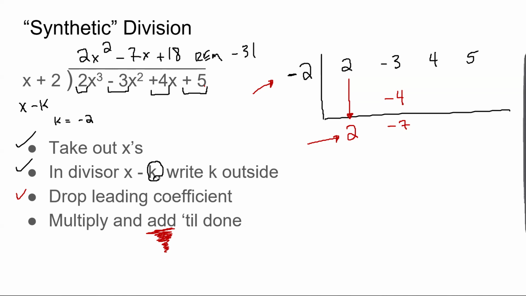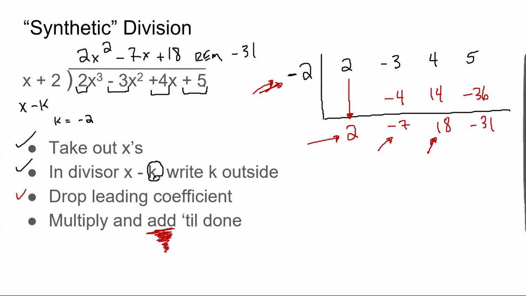And I do it again. Negative 2 times the negative 7 would be positive 14. Add 4 and 14 would be 18. Take the negative 2, multiply by the 18. That's going to be a negative 36. I put it here, and I'm adding, so that would be a negative 31.